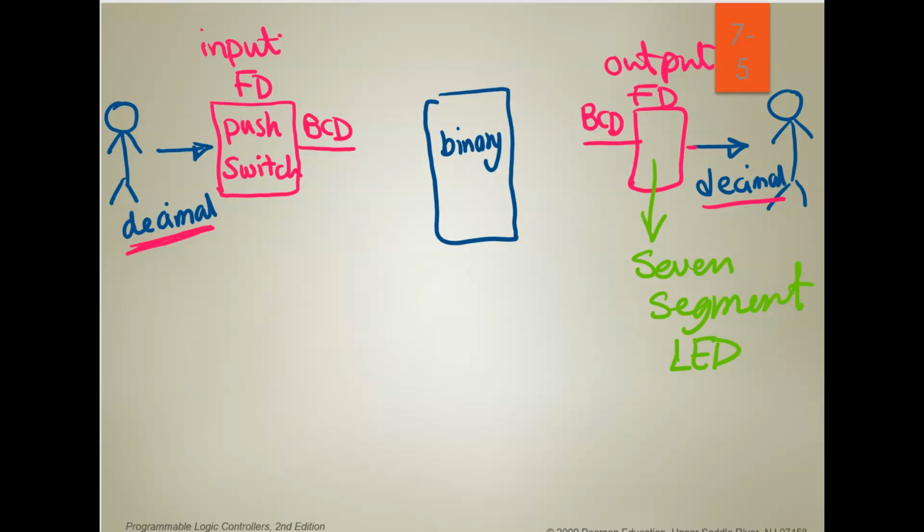So how can we make some arrangement here to make sure that we can convert the binary coded decimal into binary, and then binary to binary coded decimal at the end on the other side? The way that we can do this is using some instruction inside the processor. So that's what we call conversion instruction.